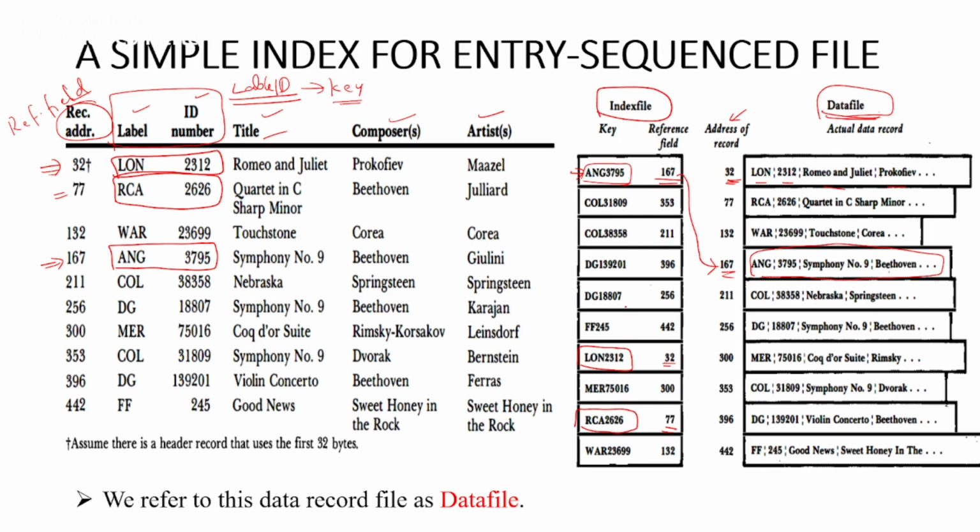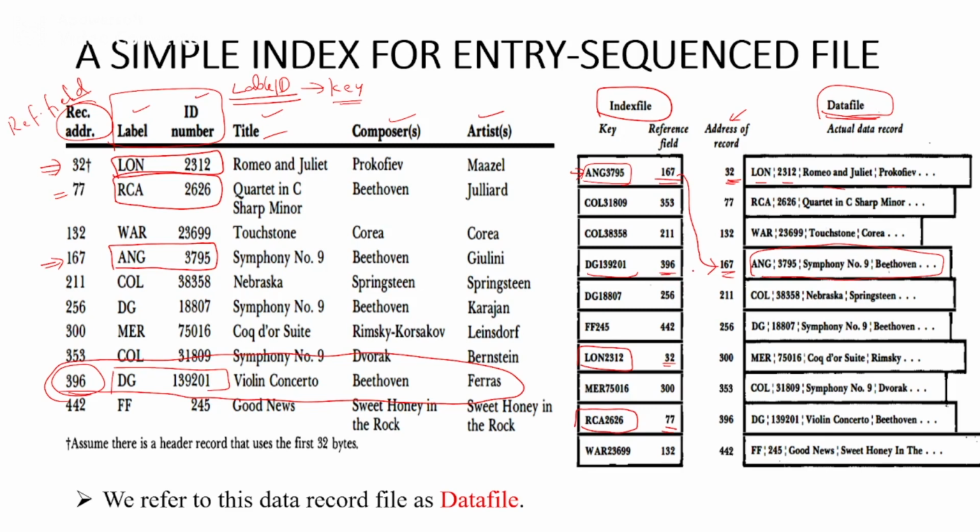Now suppose I want to access the record with the key DGI39201. How can I access it? I will go to the key DGI39201 and see its reference field, that is 396.